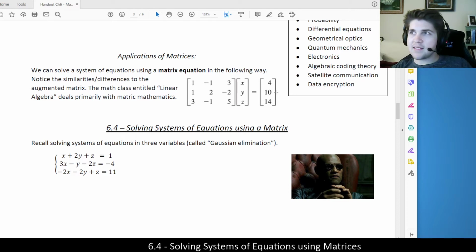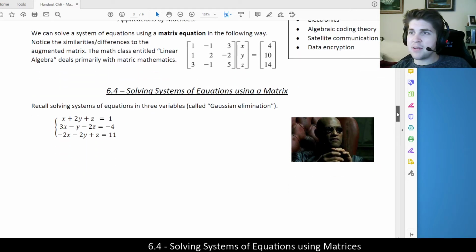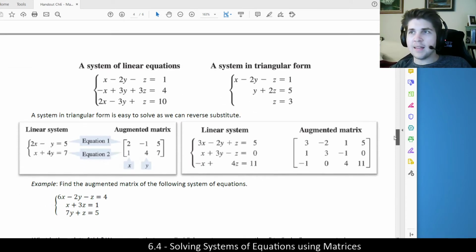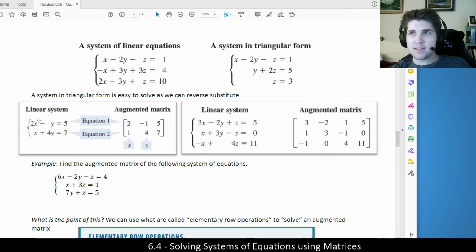Instead, we're going to take the matrix and write it in what we call its augmented form. An example of what I mean is a simpler system like this one: 2x minus y equals 5, and x plus 4y equals 7. The augmented matrix is a matrix where we've extracted all of the coefficients and the equals section, but left off the variables.